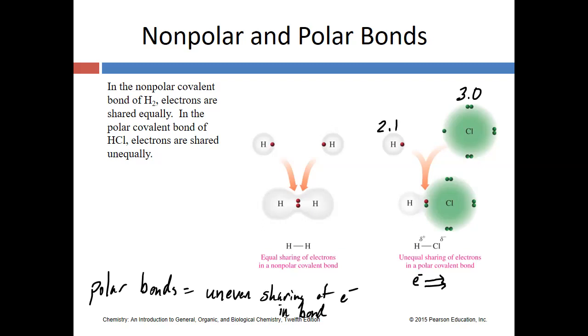And the reason why we spend any time talking about this at all is because bond polarity has a relation to another kind of polarity, molecular polarity. And molecular polarity is what explains a lot of the properties of polar molecules versus non-polar molecules. And we'll get to those by the end of this topic today as well.